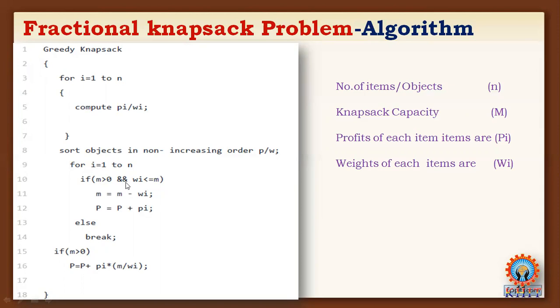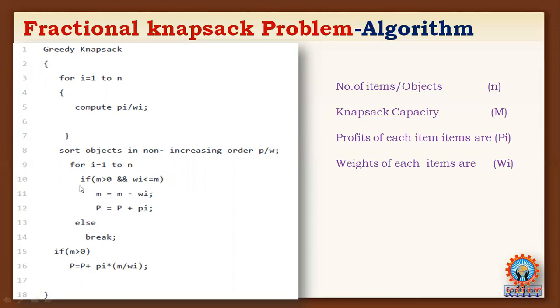And ensure that the total weight of all the objects which you filled in the bag should not exceed the capacity of the knapsack. The sum of Wi less than or equal to M stands for the total weights of all the objects placed in the knapsack being less than or equal to the capacity of the knapsack.